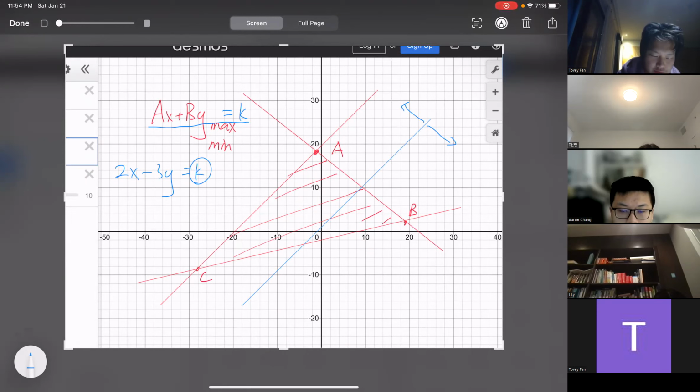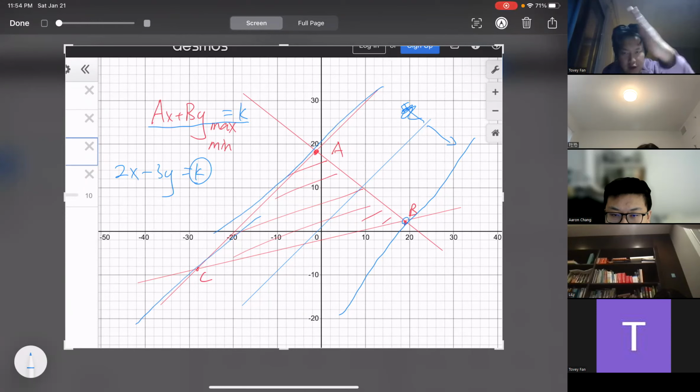Yeah. So if say that it moves this way, moves down, then only when it goes through this point B, which is the intersection, will it achieve the most extreme value. If it goes up, then it will achieve the most extreme value either at point A or at point C here.